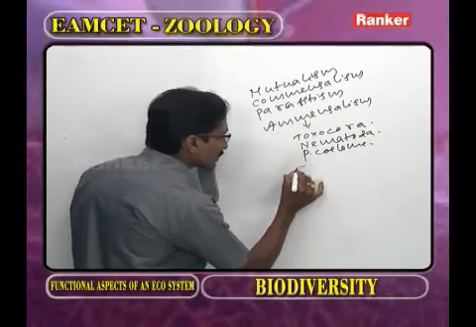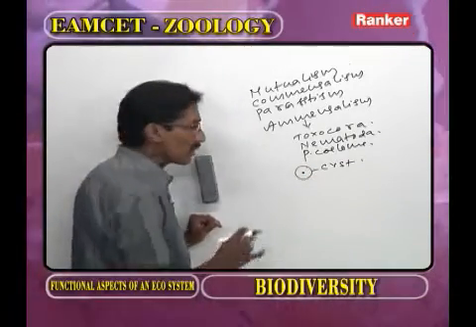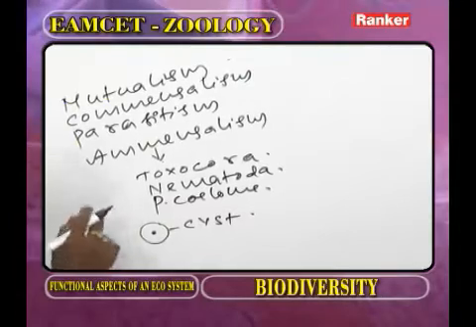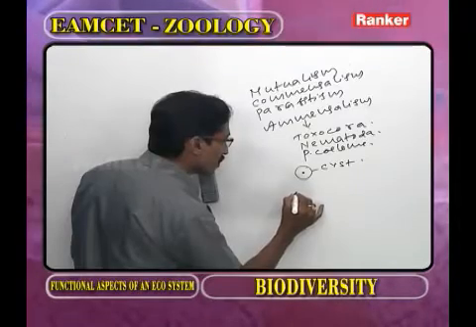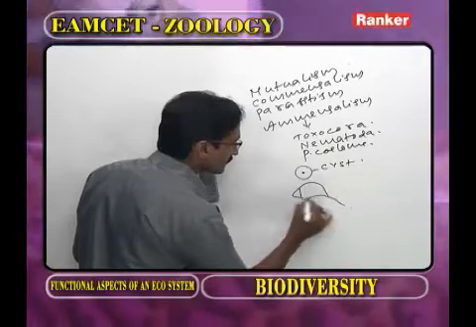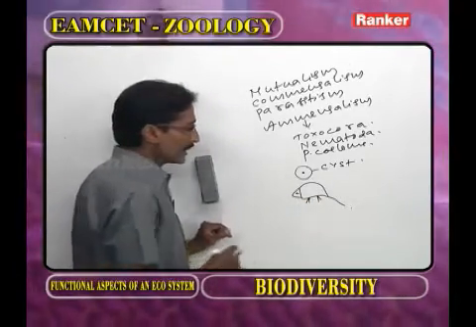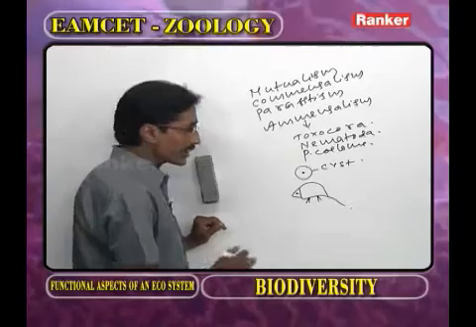Now around this body, what is present? A cyst is present. Now this Toxocara enters into the body of a rat, which comes under the order Rodentia.